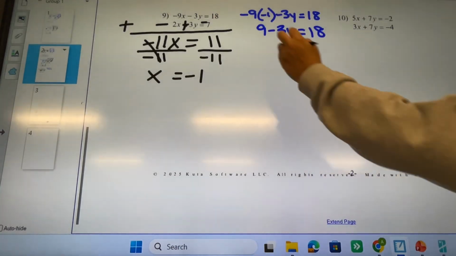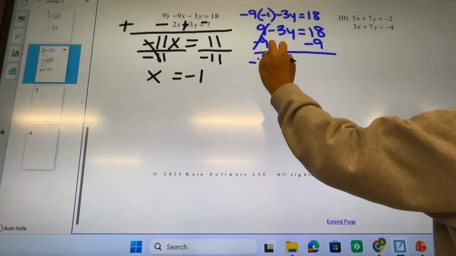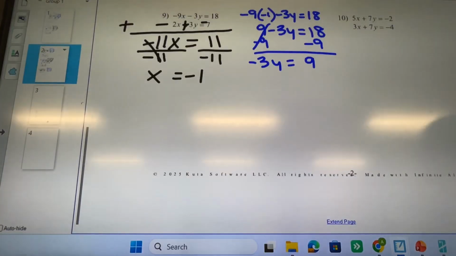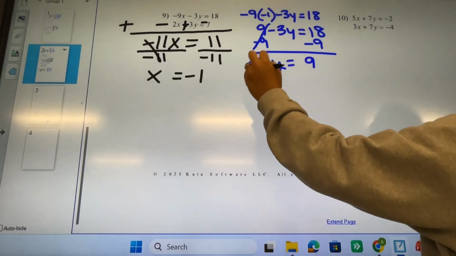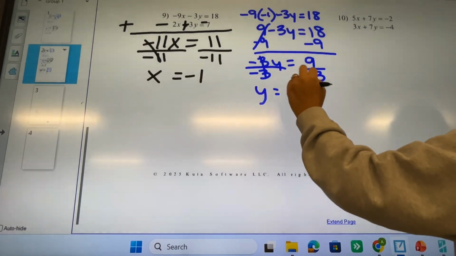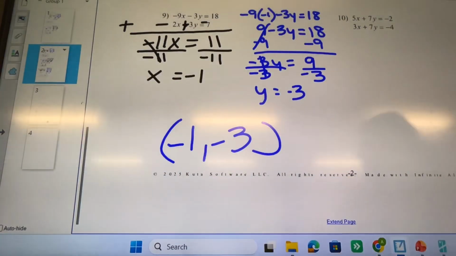Then we're going to say minus 9. So I got -3y equals 9. And then we're going to divide by -3. So we get y equals -3. So we get -1, -3.